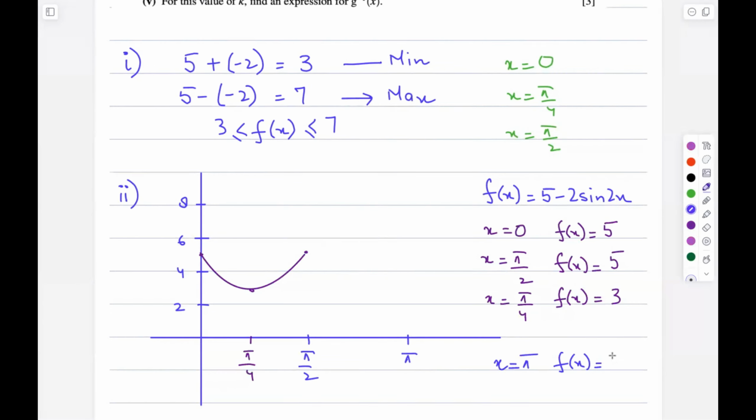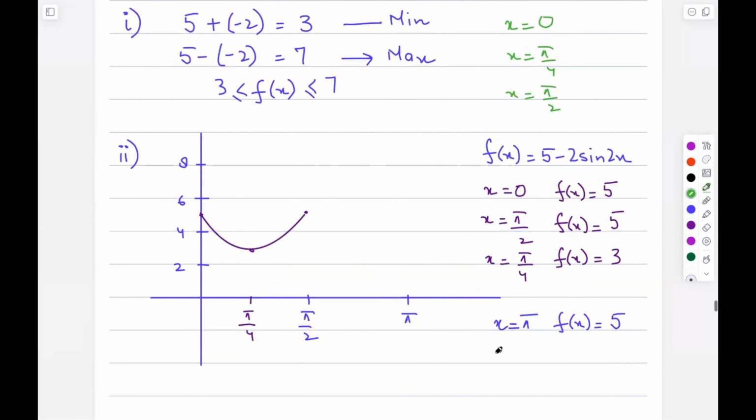And then taking a value between pi upon 2 and pi, that will be 3 pi upon 4, taking 3 pi upon 4, f of x will be equal to 7. So we'll draw a point at 7. And at pi, the value is 5. So joining these points to continue the sine graph, the graph will be made like this. So this will be the sketch of the function f of x.